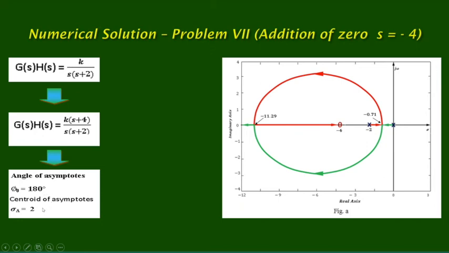And find the centroid of the asymptote. The centroid of the asymptote is sigma A equal to 2. From this 2, draw the asymptote. This angle is 180 degrees. Then this is the 180-degree asymptote.